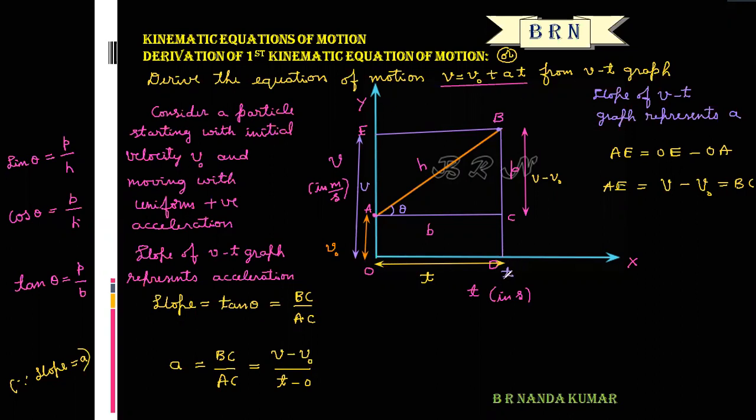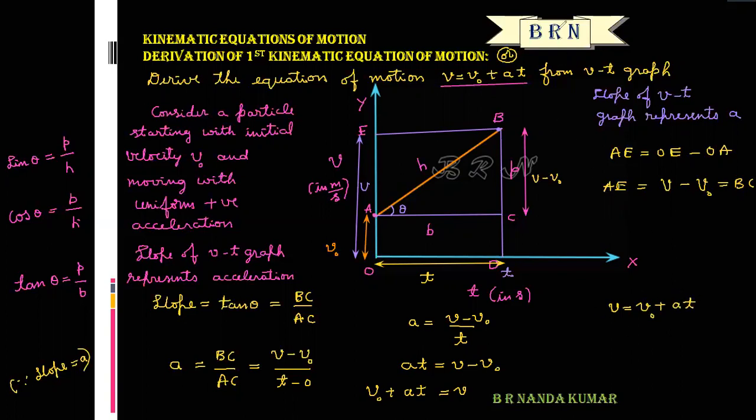Final time is T, initial time is 0, T minus 0 is T. After that, we will get A is equal to V minus V naught divided by T. So AT is equal to V minus V naught. So V naught plus AT is equal to V. Finally, we will get V is equal to V naught plus AT.